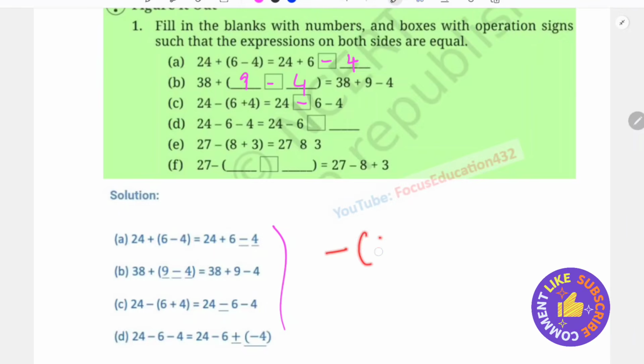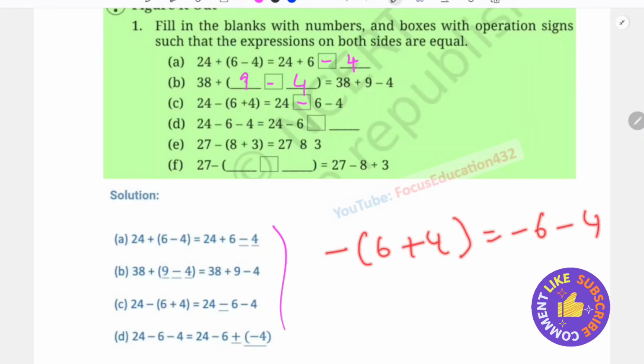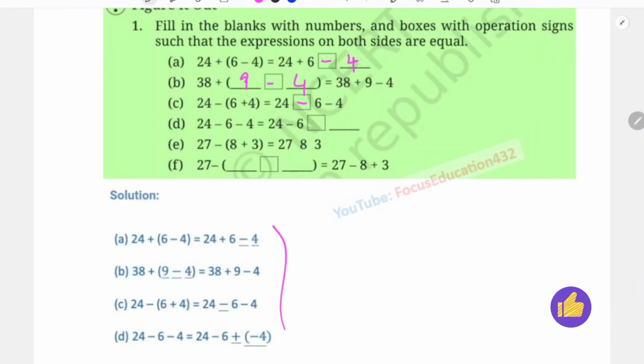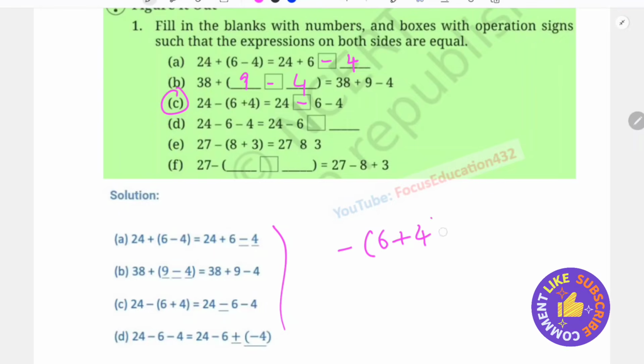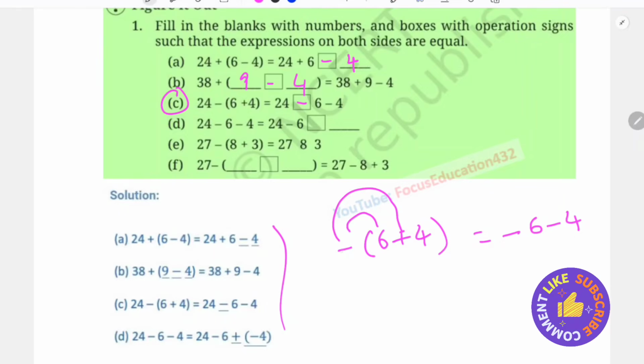That is, minus of 6 plus 4 is equal to minus 6 minus 4. Clear? Here in the C bit, on the left side you have minus of 6 plus 4. This minus into plus becomes minus 6, and this minus into plus also becomes minus 4. So if you have a minus sign outside the bracket, the signs of the numbers inside will change. Minus becomes plus, plus becomes minus.